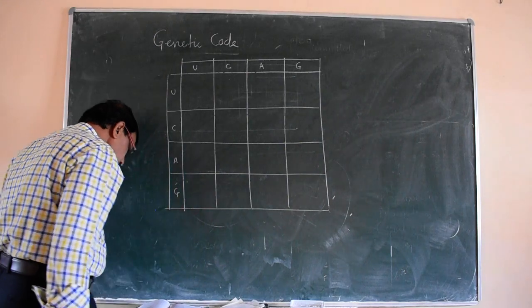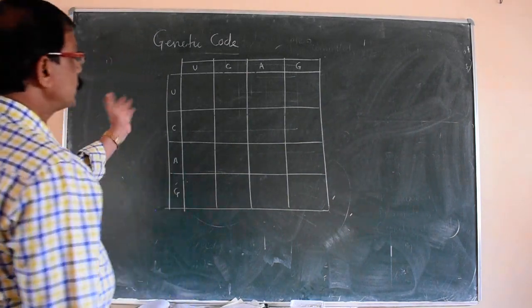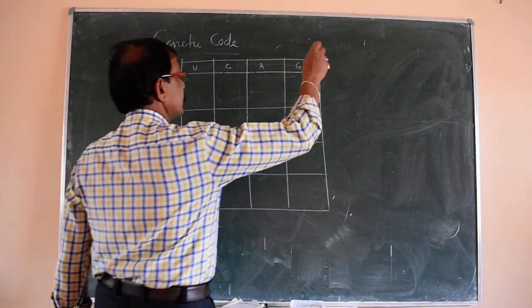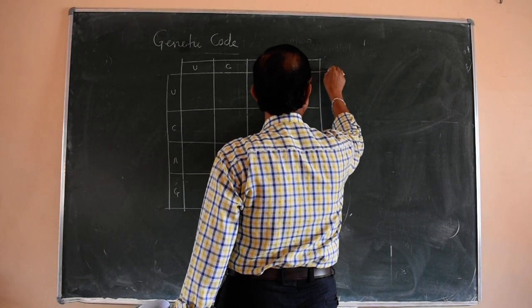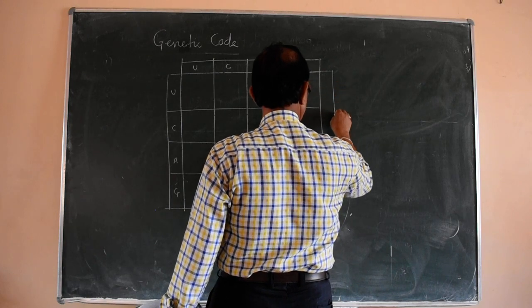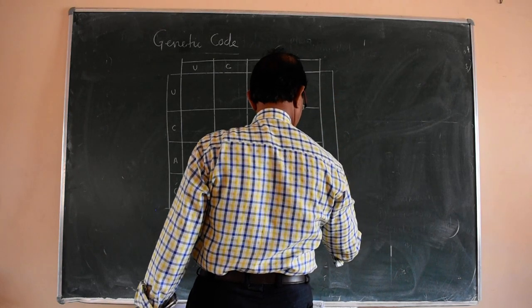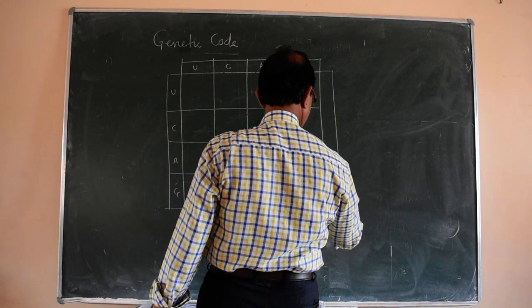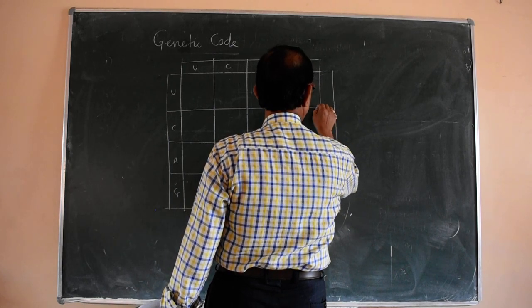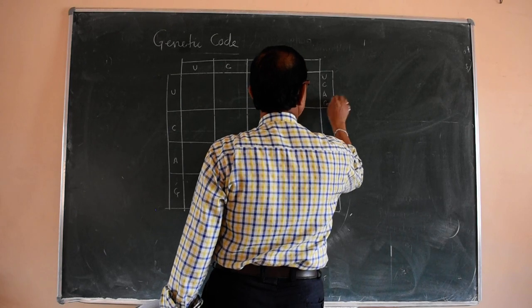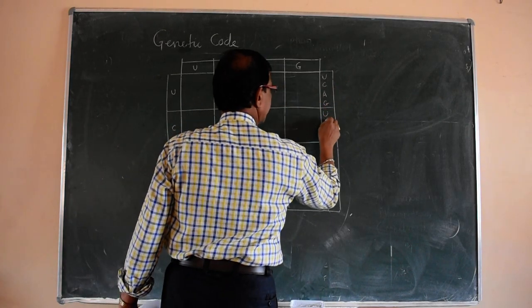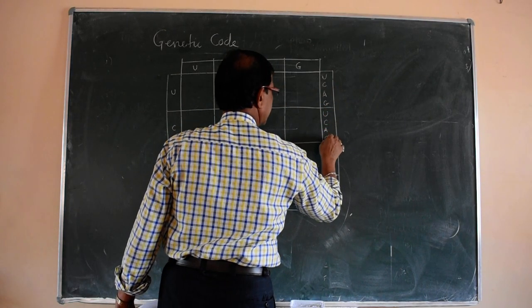So like this you have to write on both sides, and then one more column you have to extend here, UCAG, same UCAG.